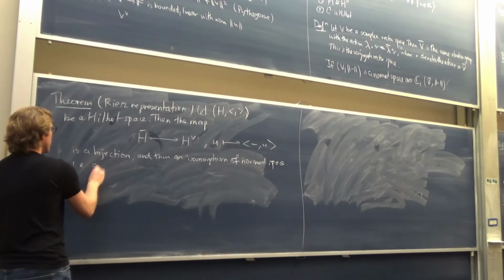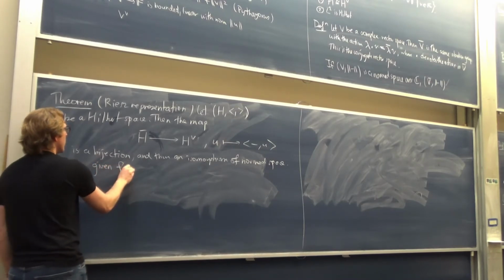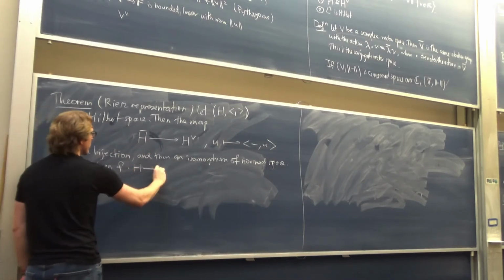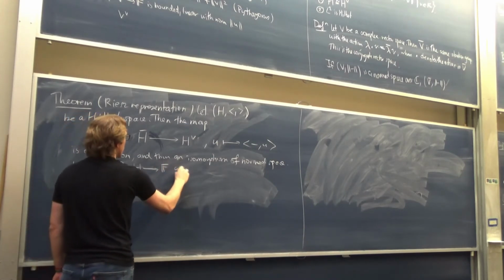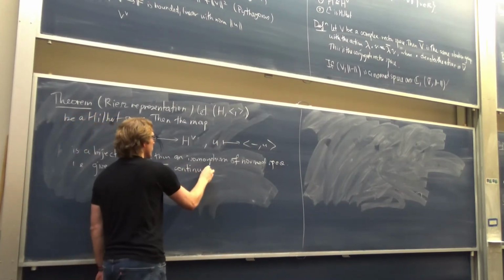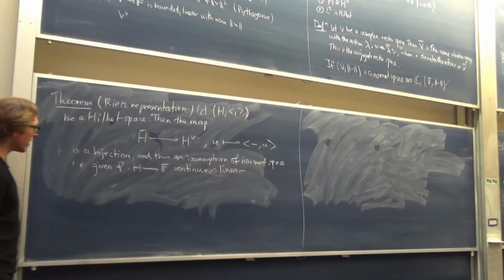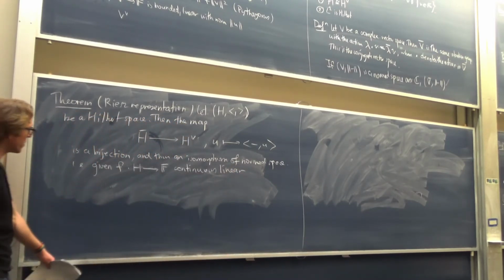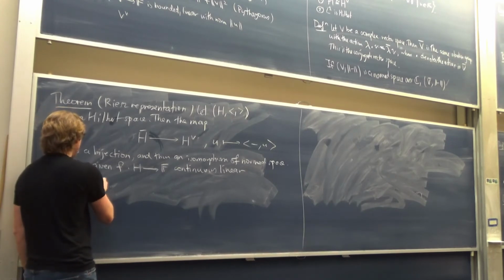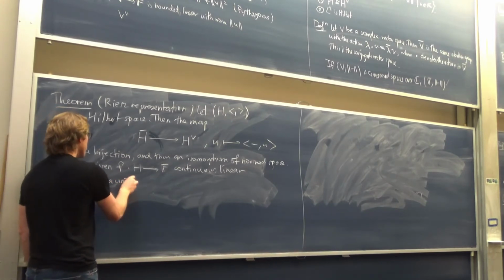It's saying that given something on the right-hand side, that is, given a continuous, I could have just as well said bounded, continuous linear function out of a Hilbert space to the field, there is a unique representing element.